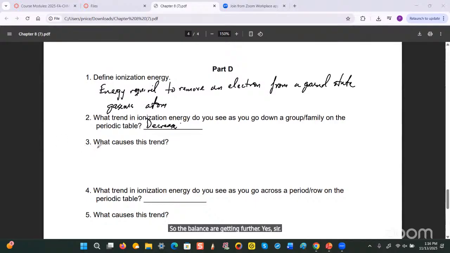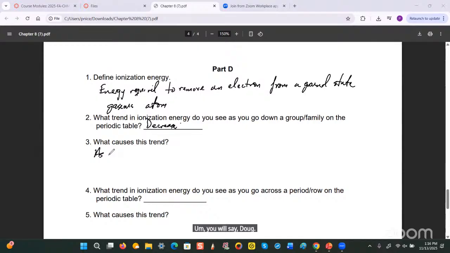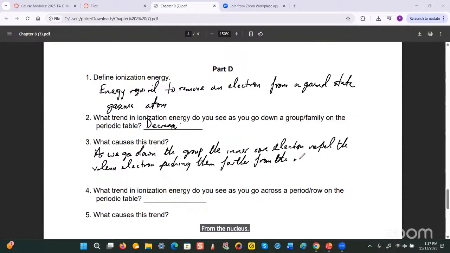So, as we go down the group, the inner core electrons repel the valence electrons, pushing them further from the nucleus, making them easier to remove.